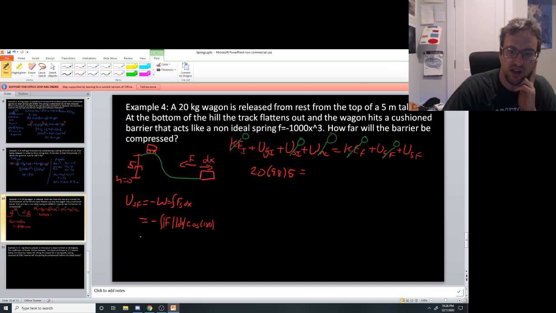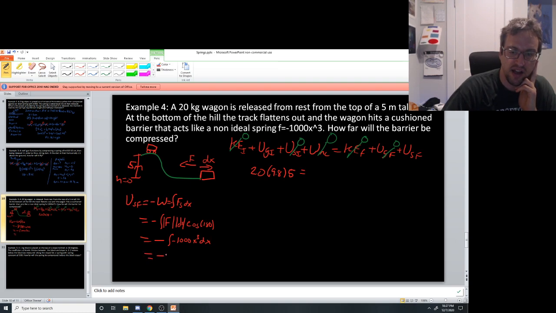Okay? So that's going to equal negative the integral of negative, but it's the magnitude of it, right? So we did magnitude, negative, 1000 x to the third dx.